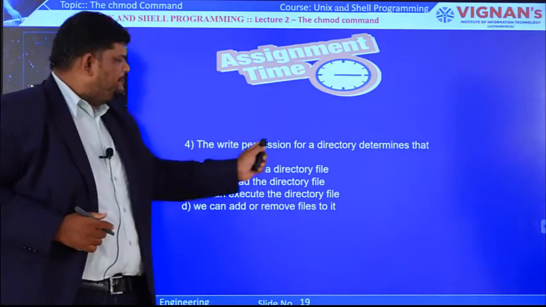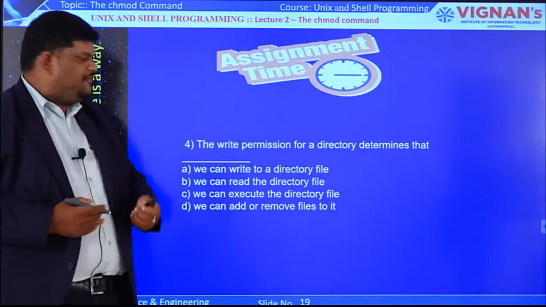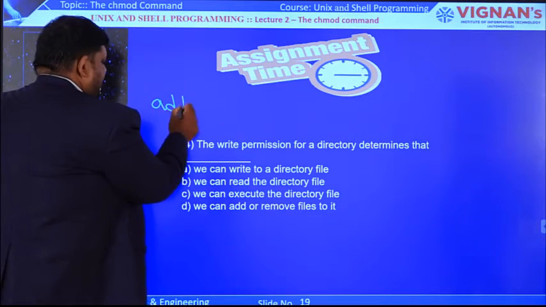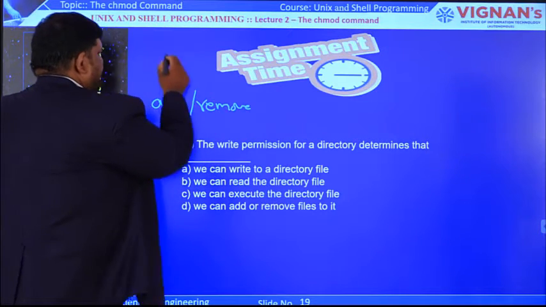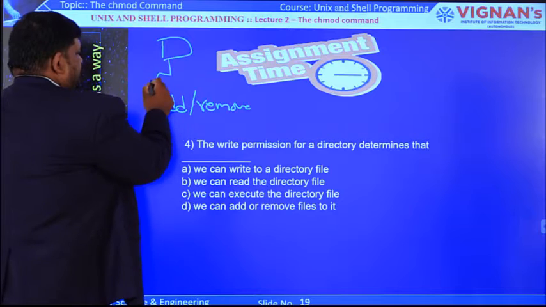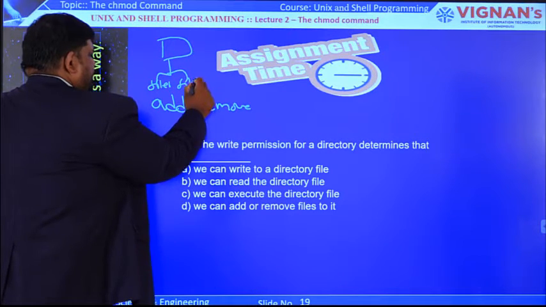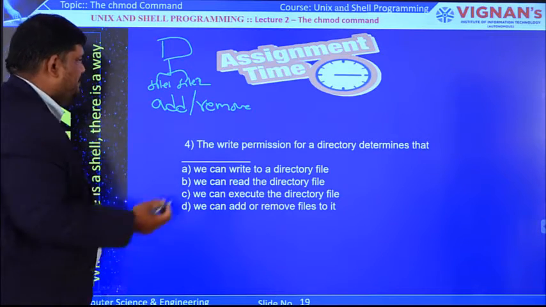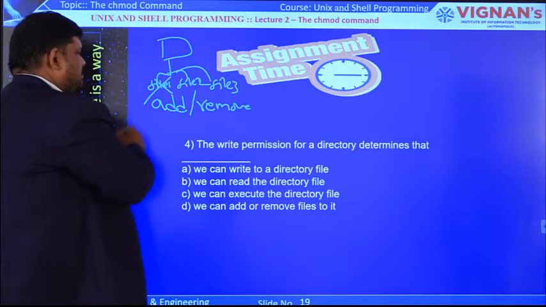Next, the write permission for a directory determines that, yes, if a directory has write permission, we can add or remove files in the directory. For example, if the directory has file 1, file 2, file 3, and you have read permission and write permission, then only can we add new files or remove files.